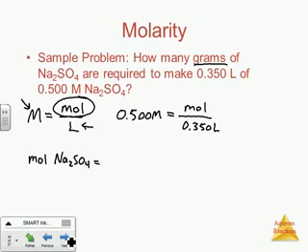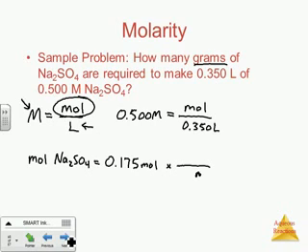Please don't be laughing at me right now. You guys are laughing at me, I know that. But I did it in my head. I promise I didn't use a calculator just then. 0.175 moles. So that's the number of moles that we have.